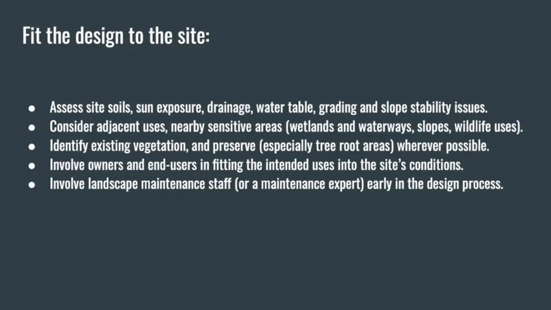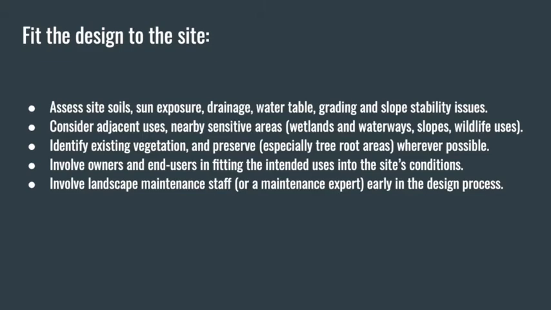Fit the design to the site. Assess site soils, sun exposure, drainage, water table, grading, and slope stability issues. Consider adjacent uses, nearby sensitive areas such as wetlands and waterways or slopes, and wildlife uses. Identify existing vegetation and preserve, especially the root areas, wherever possible.